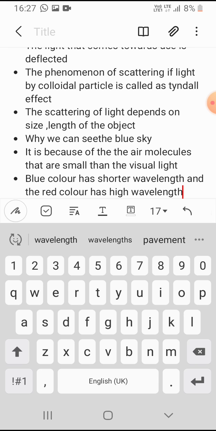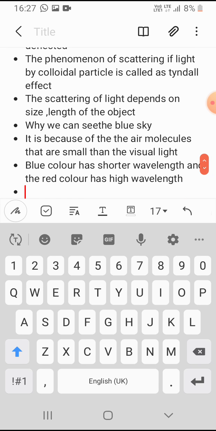In the sky, you may sometimes see a red sky. That is because of some small particles, and because of the longer wavelength, it becomes red. So that's why you see it.